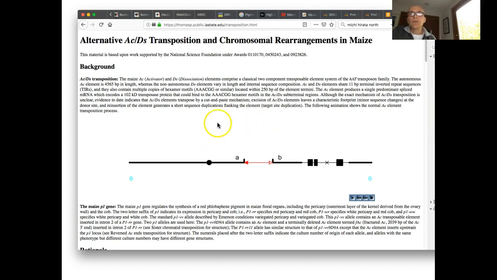So they've sequenced them, and they know what the unmutated, the normal, the wild type sequence should look like. And so then they can compare the sequence of odd ones, of mutants, with the wild type sequence. And then from that, they reconstructed how the change must have occurred. And that is what they're animating.